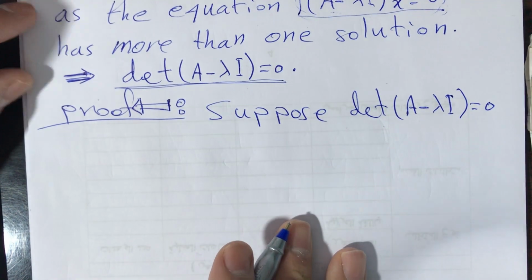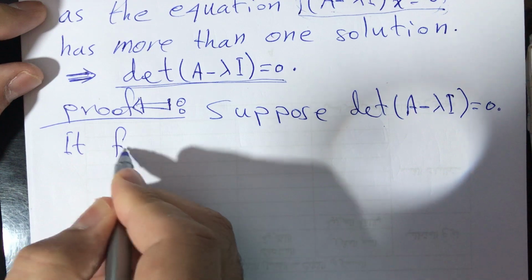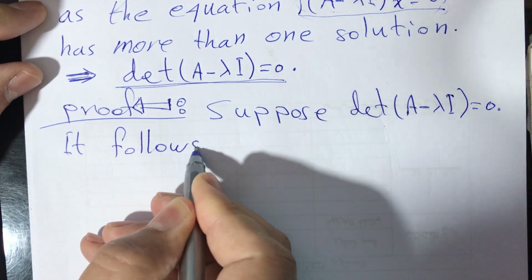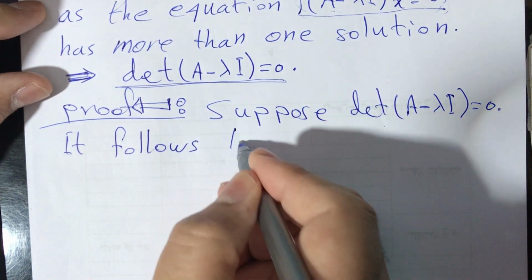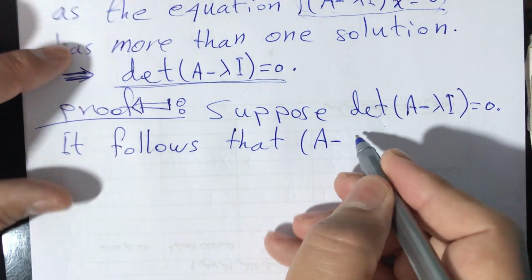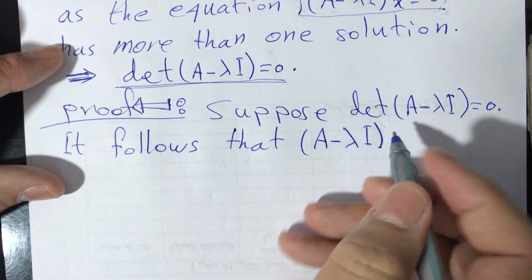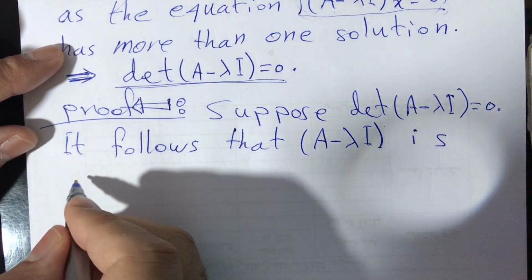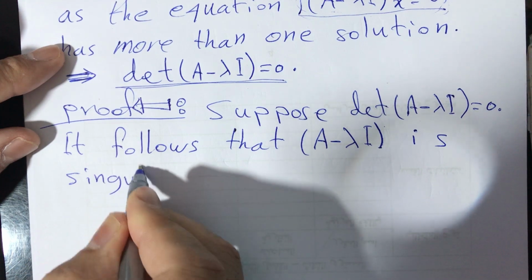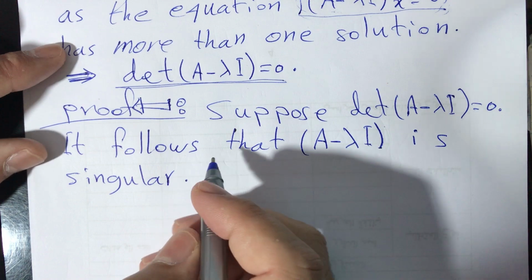It follows that A minus lambda I is singular, because its determinant is 0.